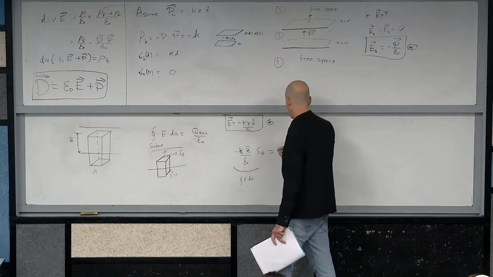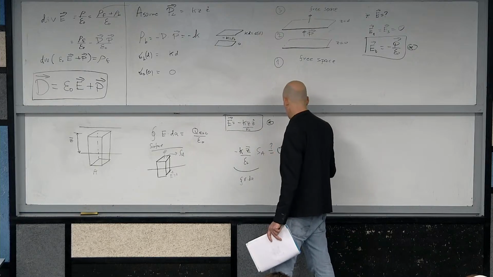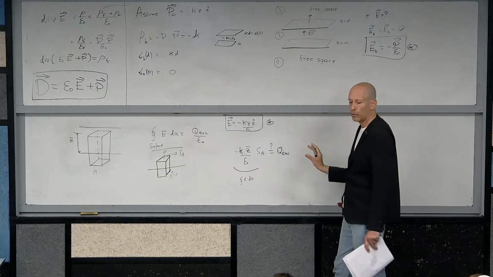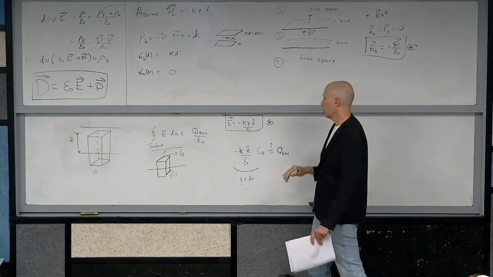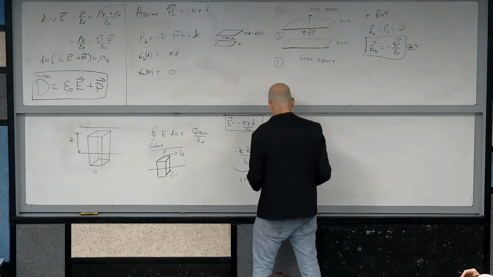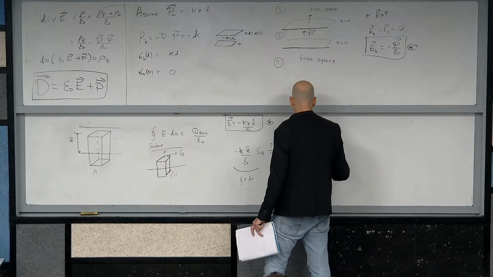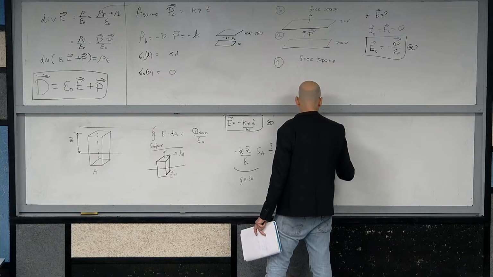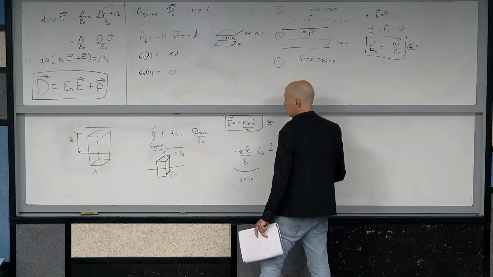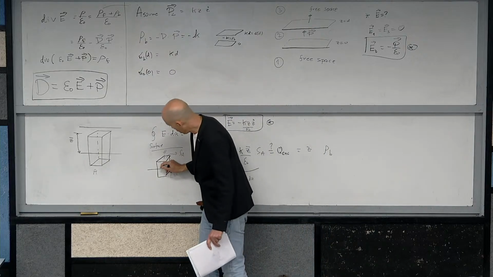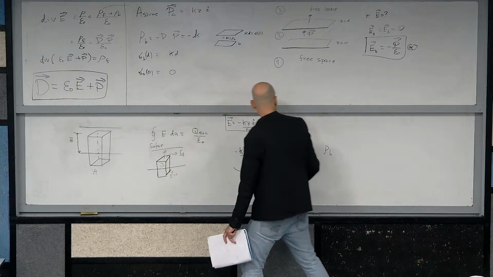And now I want to calculate Q enclosed. So now I'm just checking, but we could have started here, of course. We could have gone the opposite way. And this is equal to rho B times the volume where the charges are. The charges are up here, not down here.